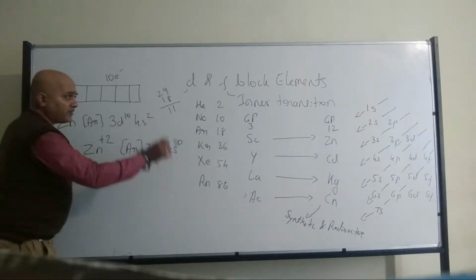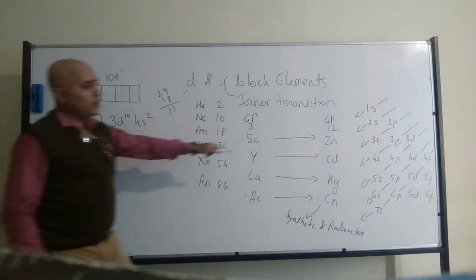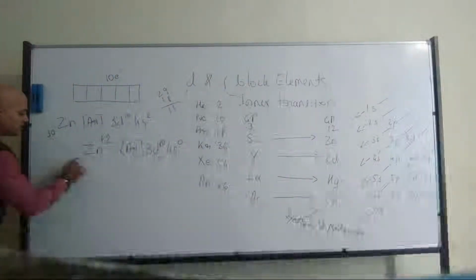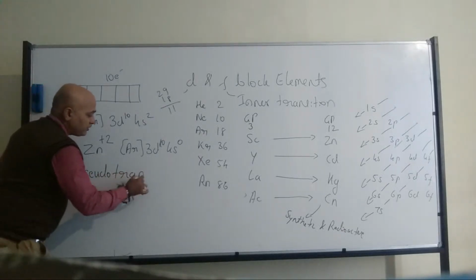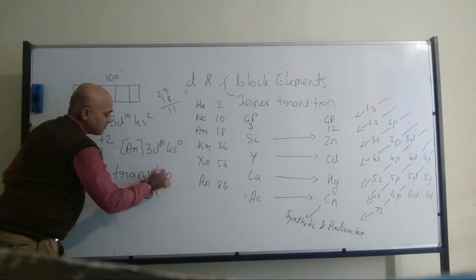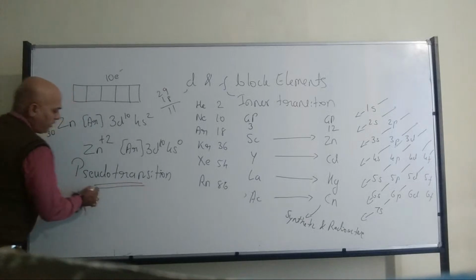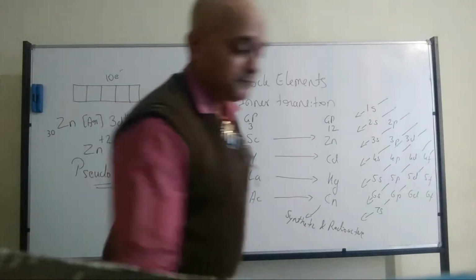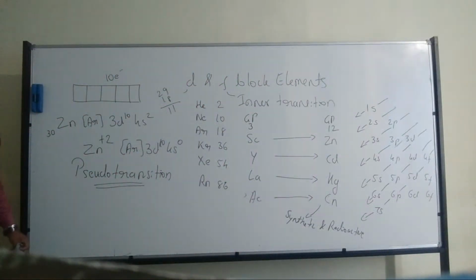Now, this set of elements which belongs to group 12 are called pseudo transition elements. That's where we have the important point. So what are pseudo transition elements?